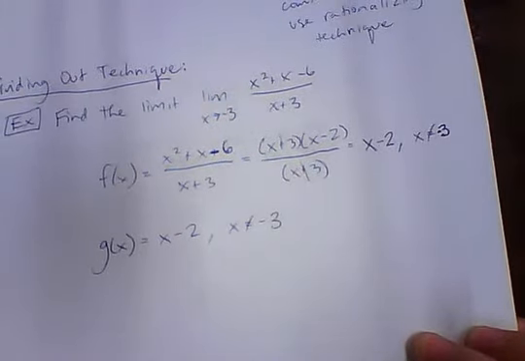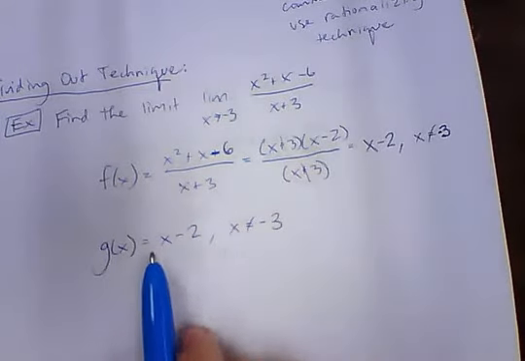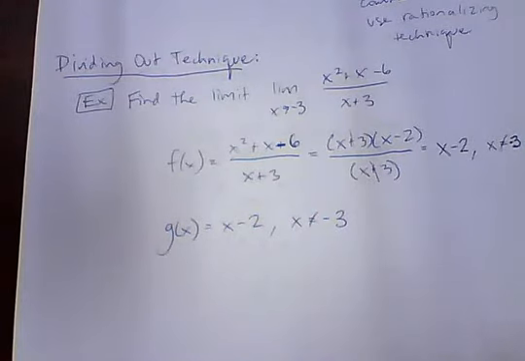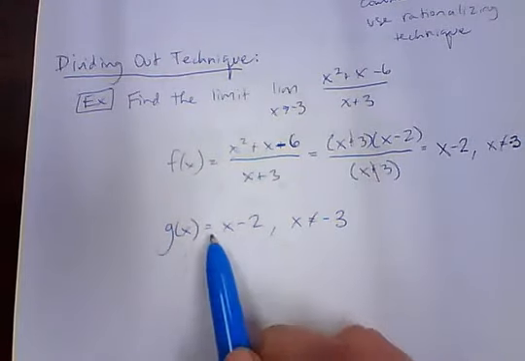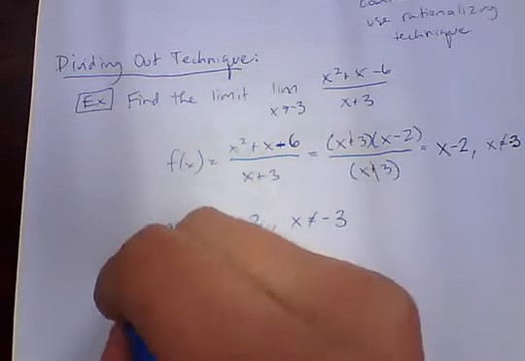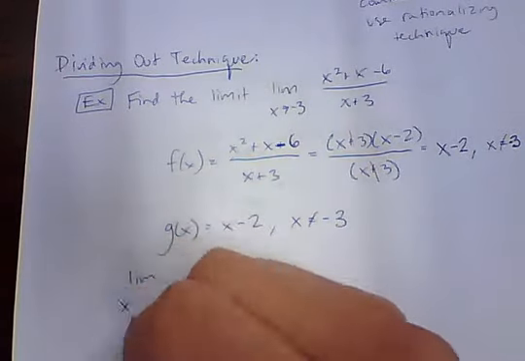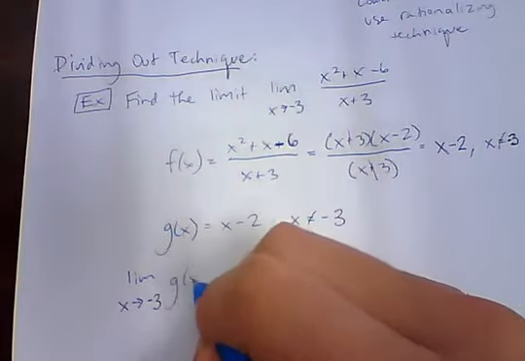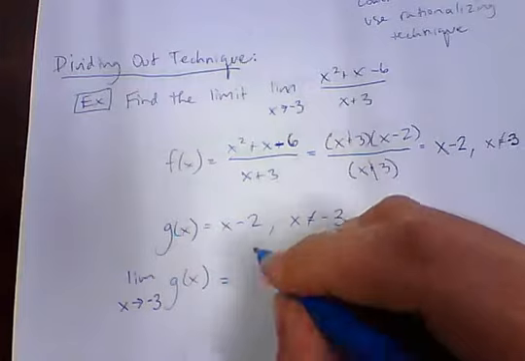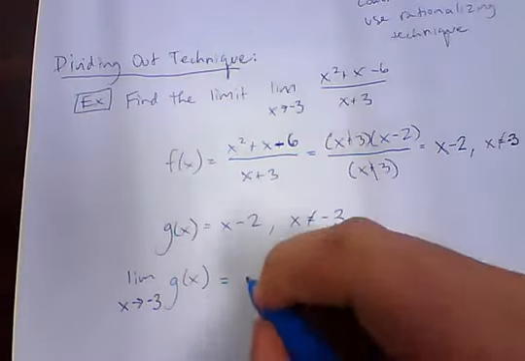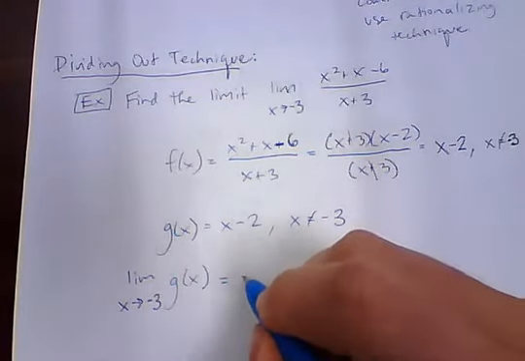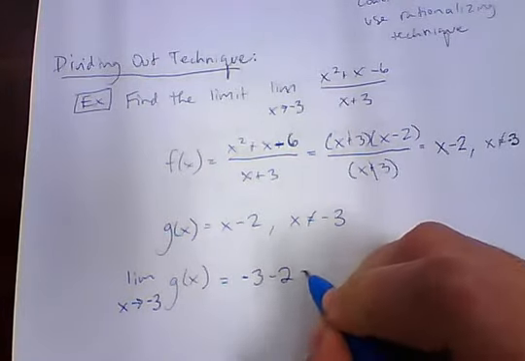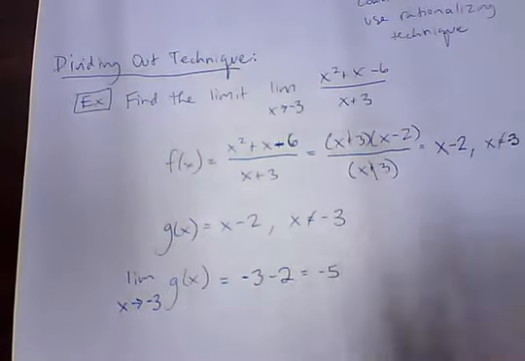And now what we can say is, since this is something that we can directly substitute into easily, we can take the limit as x approaches negative 3 for g of x, which would be negative 3 minus 2, which would be negative 5.